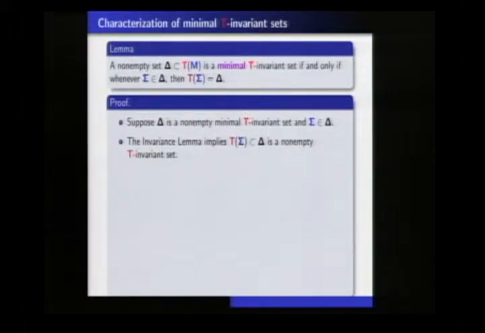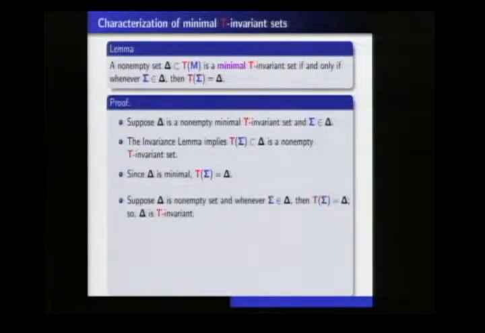That's what the invariance lemma was showing: this is a t-invariant set for any surface, any m. Any one of these surfaces creates a t-invariant set. Since it's minimal, and T of sigma is non-empty and t-invariant, it must be the entire set, by definition of smallest. Okay, that does the forward implication.